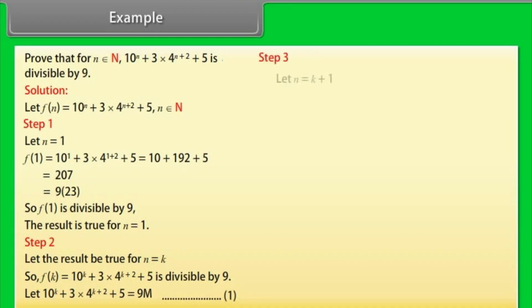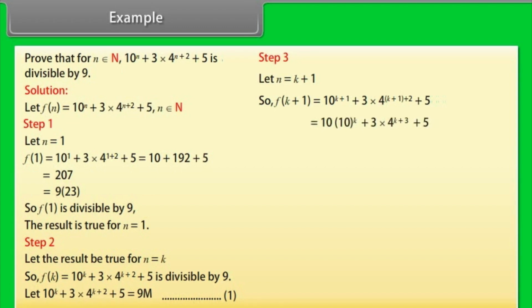Step 3. Let n = k + 1. So, f(k+1) = 10^(k+1) + 3 × 4^(k+1+2) + 5.